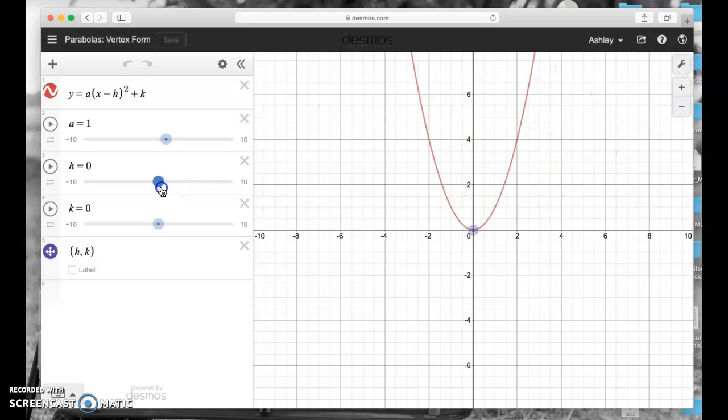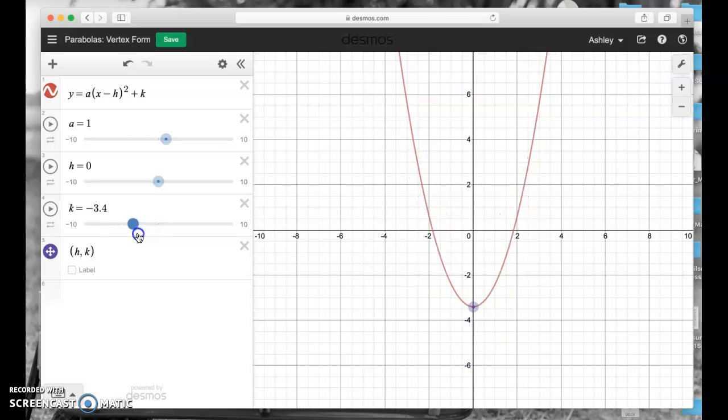But if h is negative, it moves to the left, all along that x-axis. And then the k value is going to be those vertical transformations or translations. So if k is positive, it goes up, and if it's negative, it's going to go down.